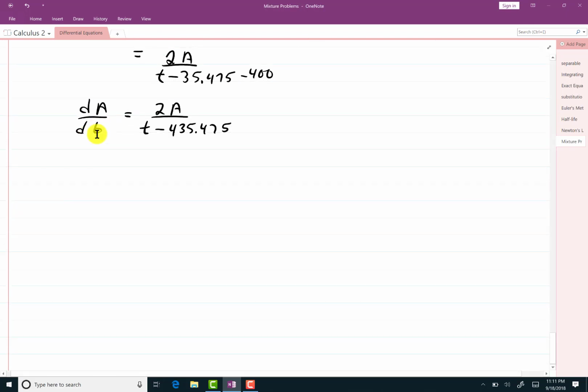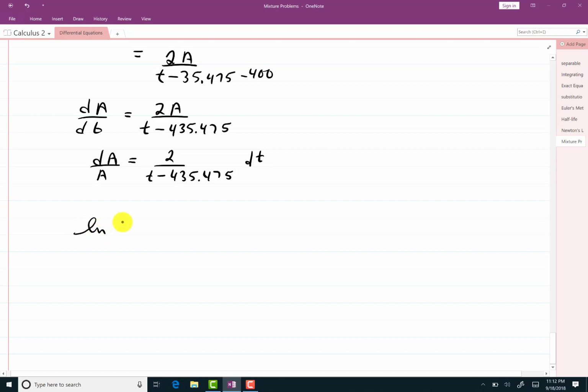So then to solve this one, I think I'm going to separate terms. It seems a little bit easier here. I'll have dA divided by A equals 2 over T minus 435.475 dt. Integrate. We'll have the natural log.